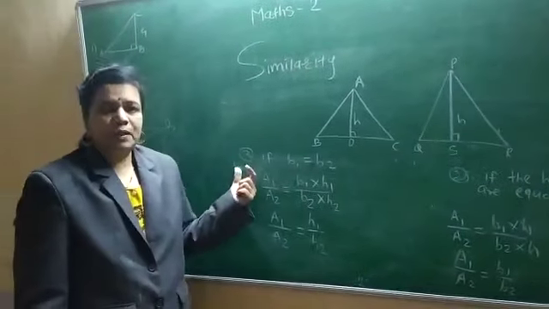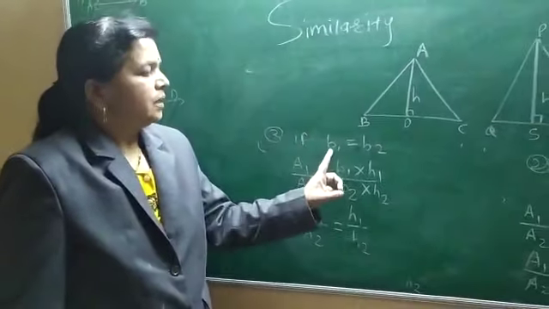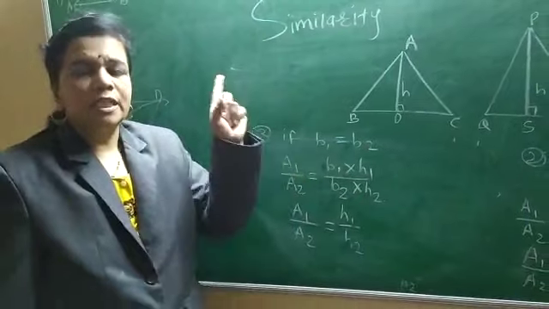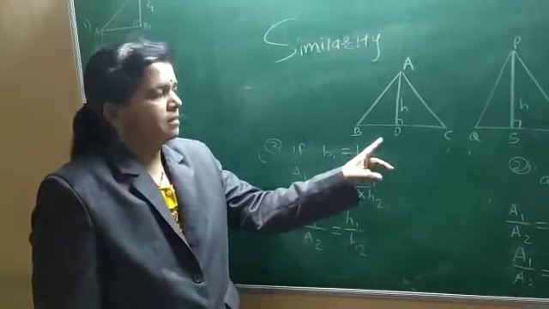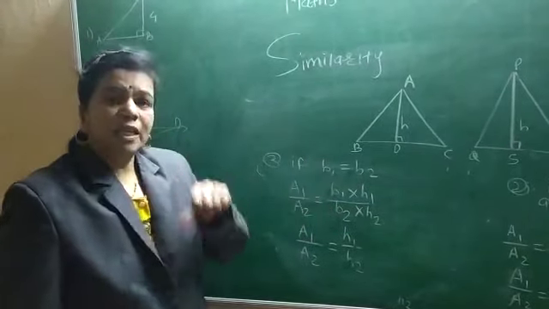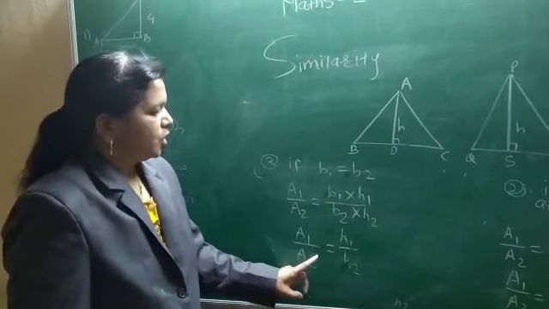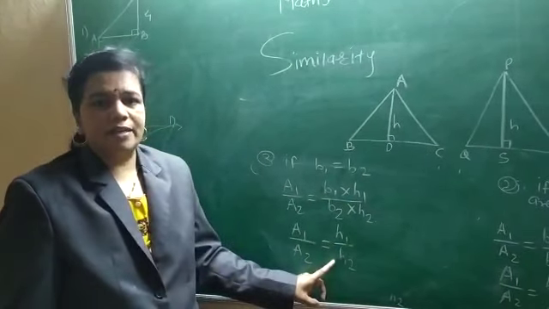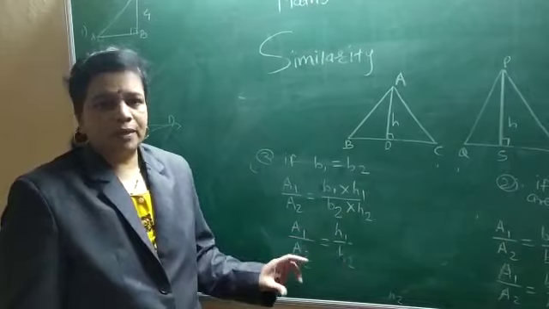What is the third property? If the bases are equal, the ratio of areas of two triangles with equal bases is the ratio of their corresponding heights. These are the three properties.